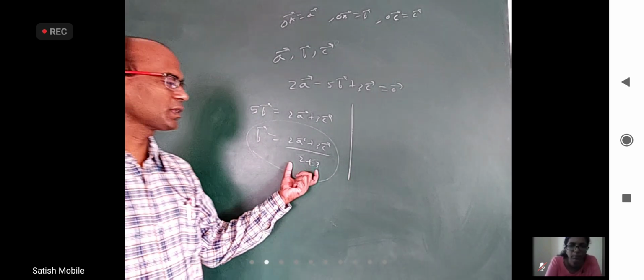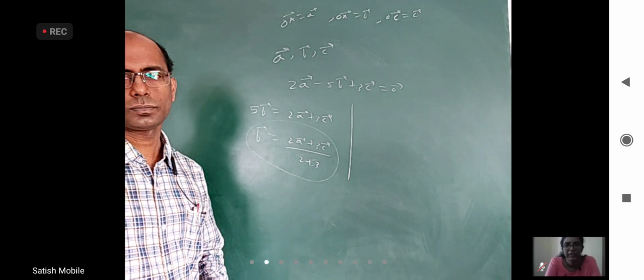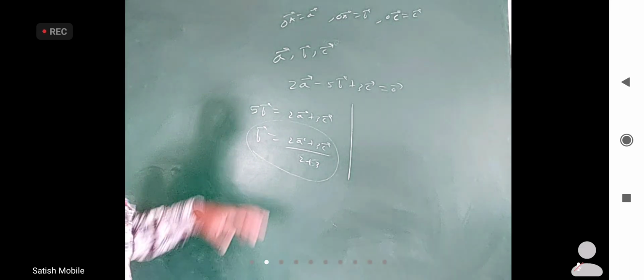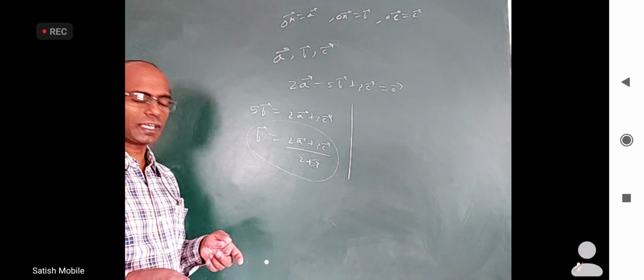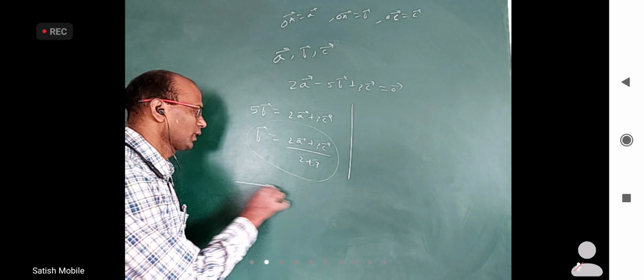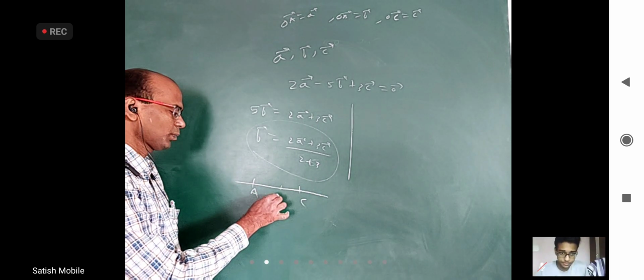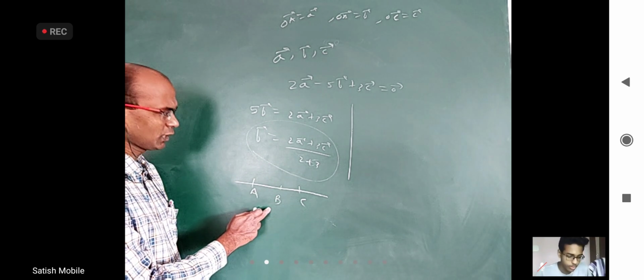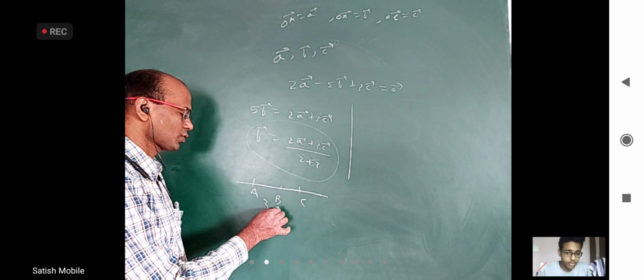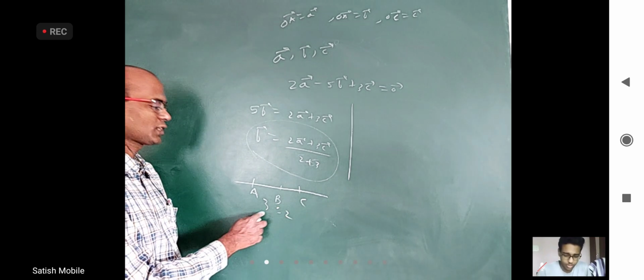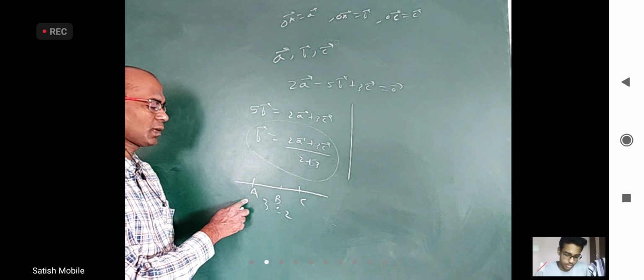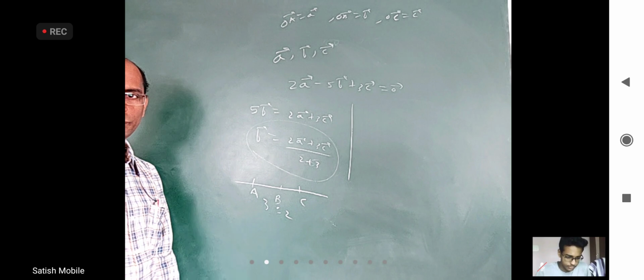Because this resembles what? Yes. It resembles section formula, not just collinear, I can even tell in what ratio it is dividing. Point A is somewhere here, point C is somewhere here, point B is somewhere here, in such a way that B divides AC in the ratio 3:2 internally. That's why 3 times C bar plus 2 times A bar by 3 plus 2 is giving me B bar.